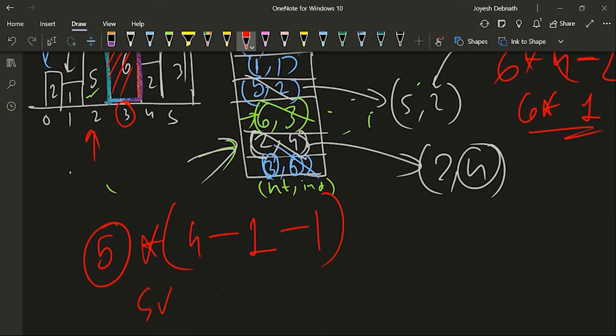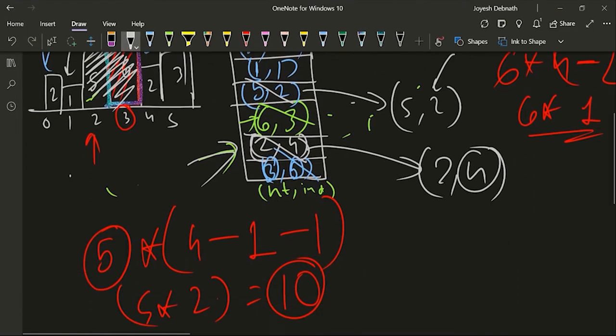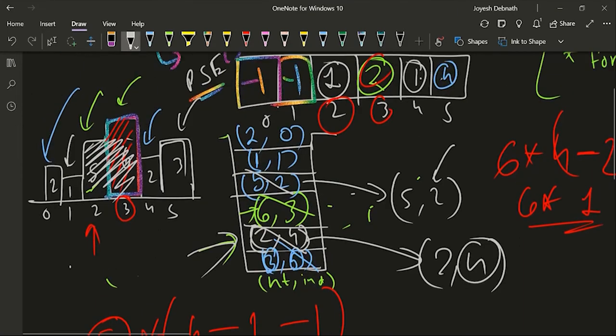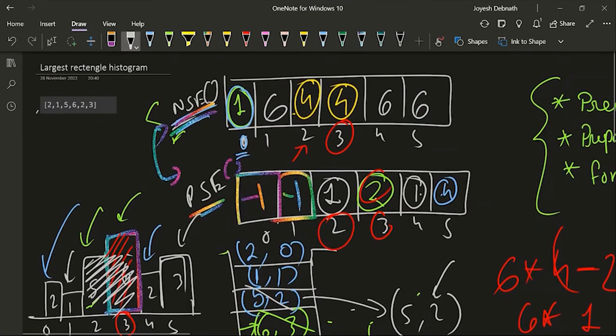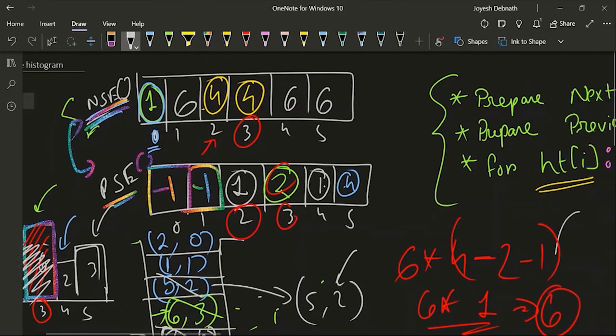If I compute this, the answer will be 5 into 2 and it will be 10. Definitely this particular block 5 will contribute to this much area, which is 10. So this is how, if I can compute the next smaller index and the previous smaller index, I can find out the answer for each particular block easily.